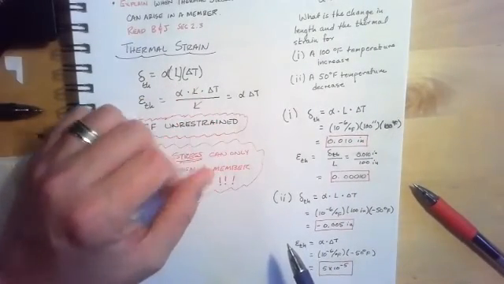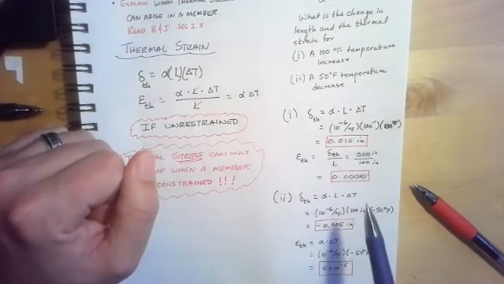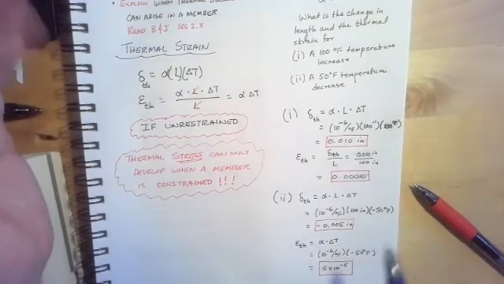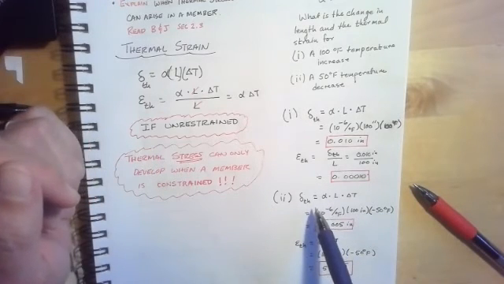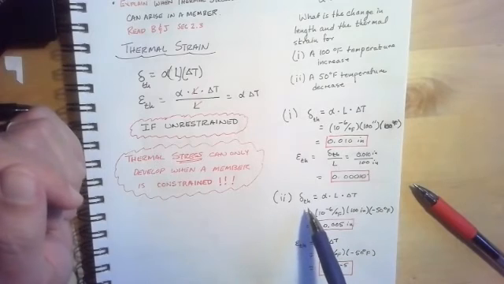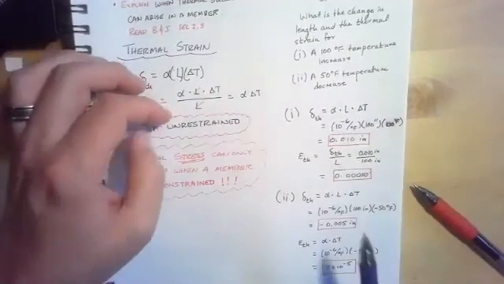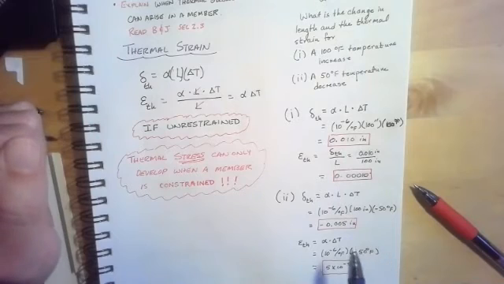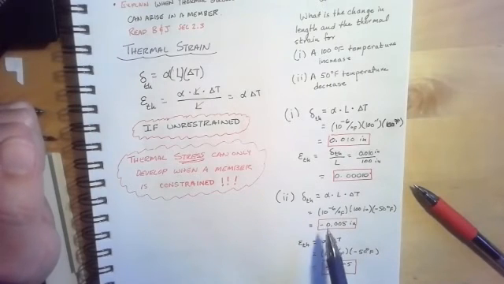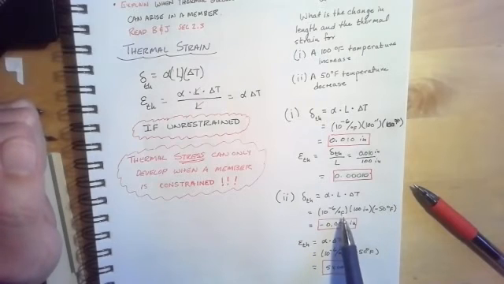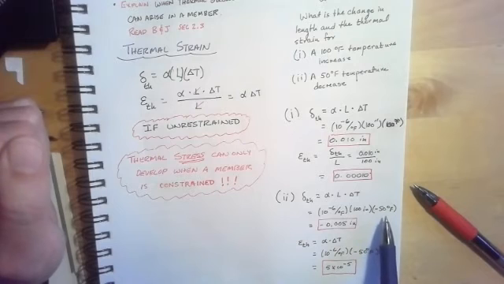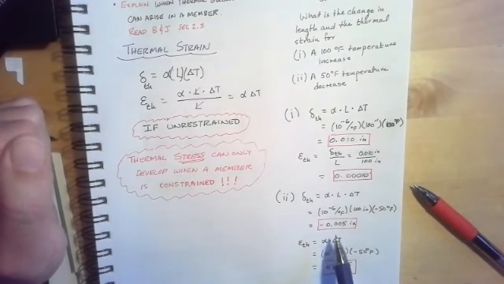For the second case, I have a temperature decrease, which means the bar will want to shrink. So for the thermal deformation, I would still apply alpha times L times delta T. The thermal deformation would then be 10 to the negative 6th per degree Fahrenheit for alpha times 100 inches for the original length times negative 50 degrees Fahrenheit, or negative 0.005 inches.